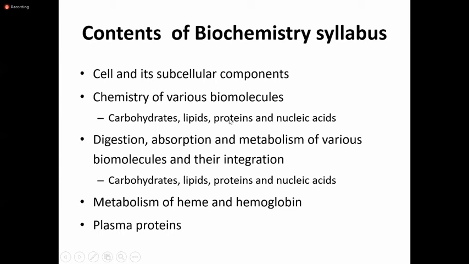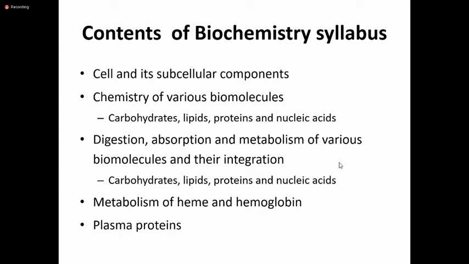The substrates will get accumulated because the enzyme is deficient or abnormal. So you will learn an enormous number of inborn errors of metabolism of carbohydrates, lipids, proteins, and nucleic acids. This disease part, how these diseases appear and manifest in various patients, and what the biochemical or molecular basis is, what the exact defect is, you are going to learn in this.